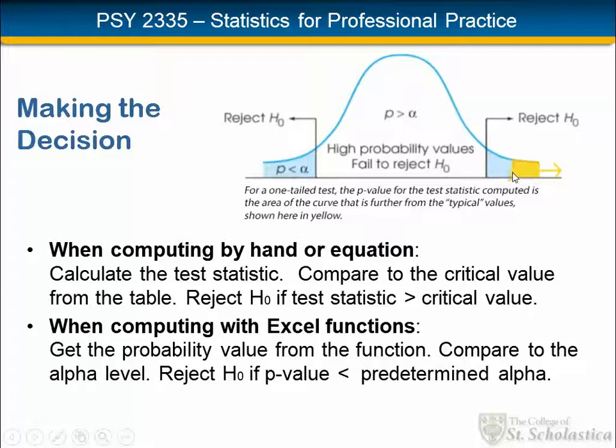If I drew a line and looked at the area to the right beyond that t point for the actual t statistic, that area would be the exact probability in one tail of getting a result that extreme or even more extreme. So the blue area is saying, here's where my critical region starts, but if I'm rejecting the test, I might want to know what's the exact probability.